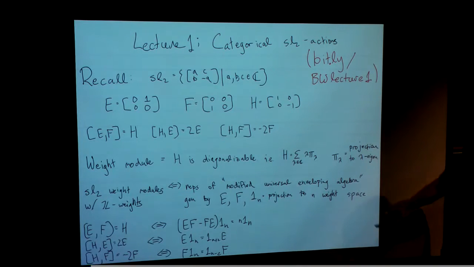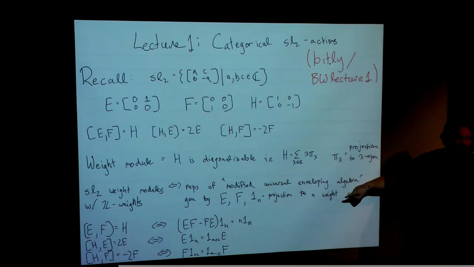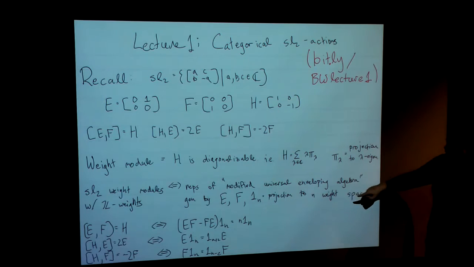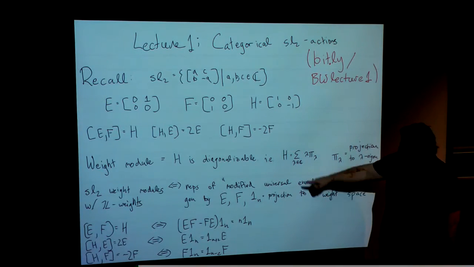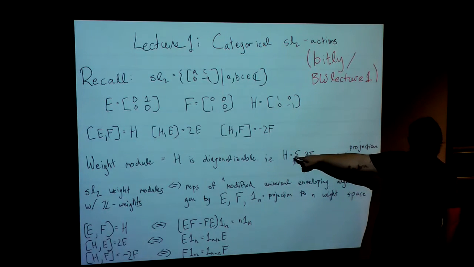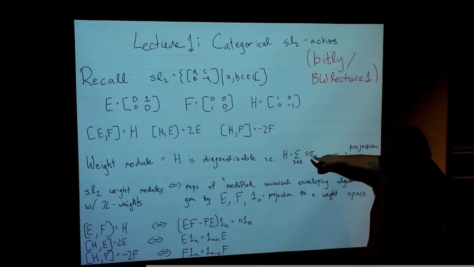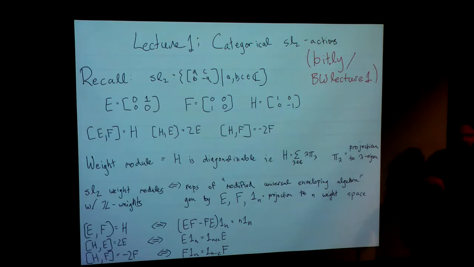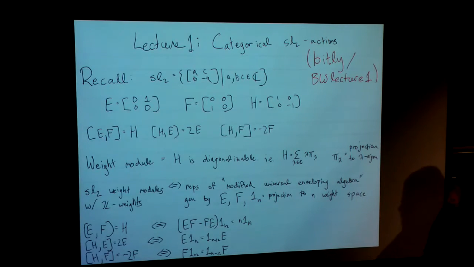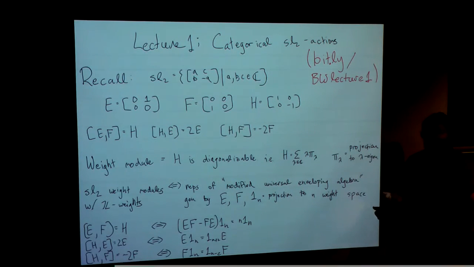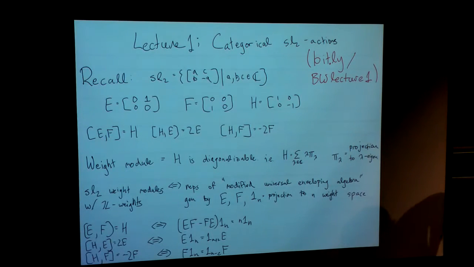What they are is projections onto weight spaces. For example, I don't need H here because I can write H as the sum of its eigenvalues times the projections to those eigenspaces. This is the spectral theorem for diagonalizable matrices.